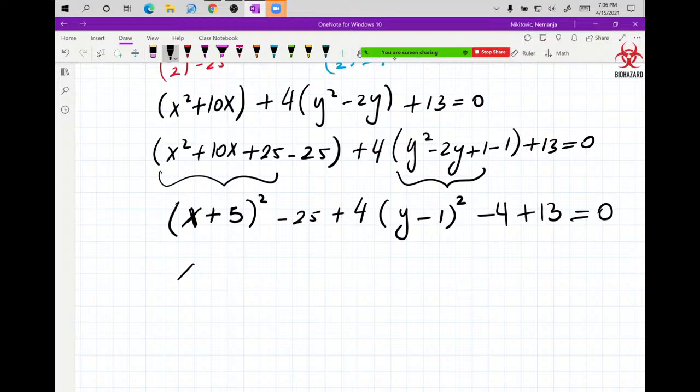plus 13 equal to 0. Okay, I have x plus 5 squared. And now I have minus 25, minus 29, and then plus 13. That's going to be a 16, negative 16.